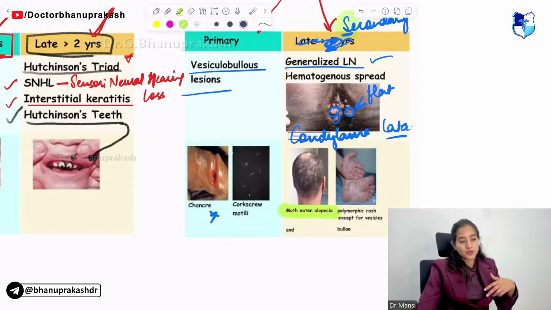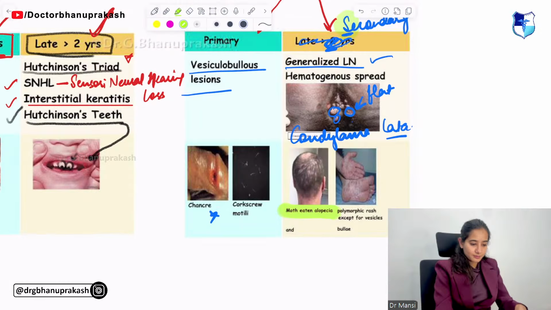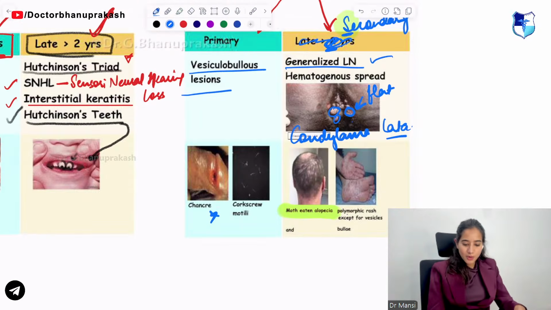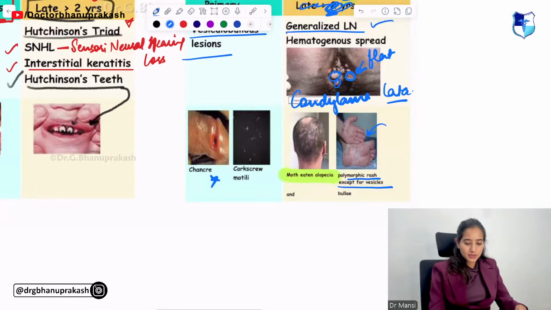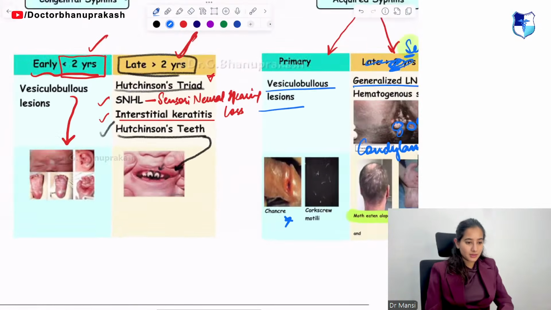So this S reminds you of scalp, and that's how you can remember it. Then you can have a polymorphic rash, which will be seen in them.